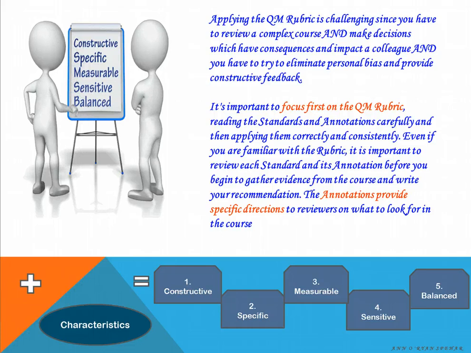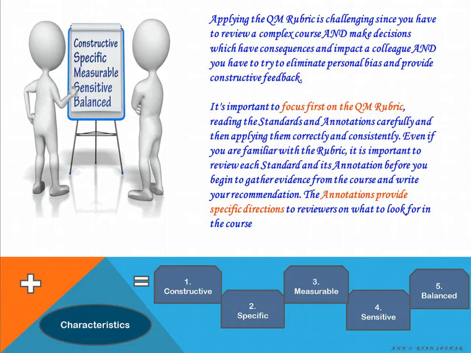So, the characteristics when you finally sit down to write your evaluation should be constructive. They should be specific and rely on the course itself, specific examples in the course. They should be measurable. You should be very concrete in exactly what you mean. And by all means be sensitive. Provide support. Tell them what they did right.